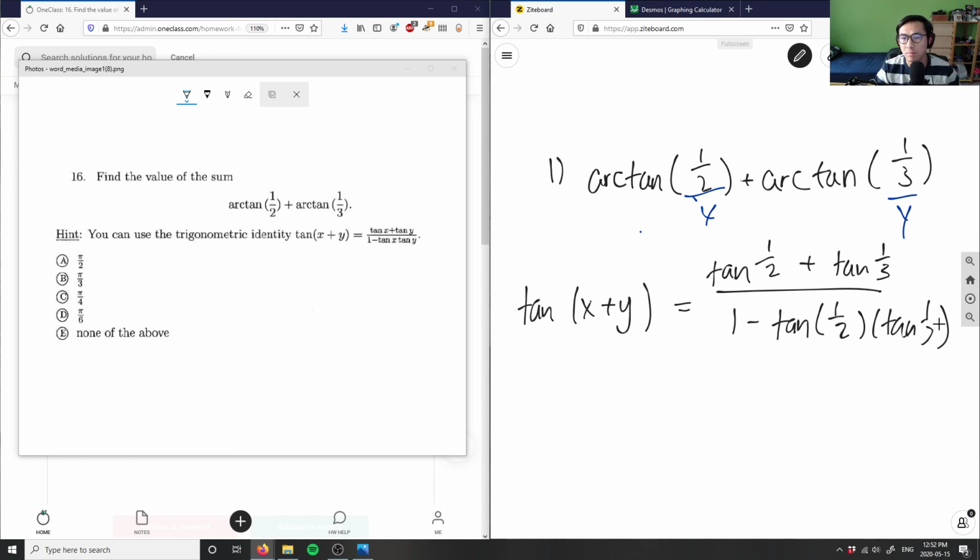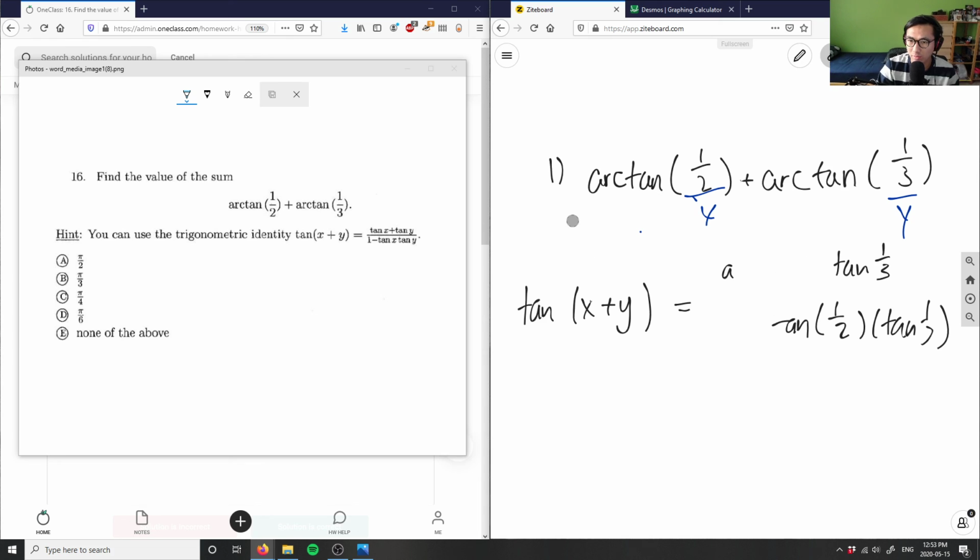And this here is equal to, let's see, this here is equal to 1. Because, again, tangent of, so this entire thing is equal to, actually, hold up.